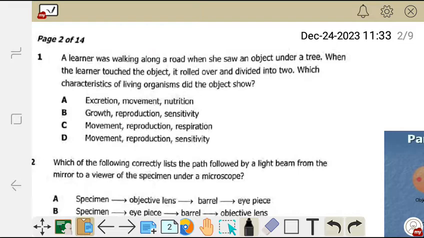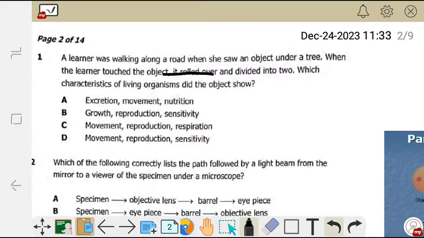So this learner was walking along the road and then she saw an object under a tree. When the learner touched the object, it rolled over and divided into two.